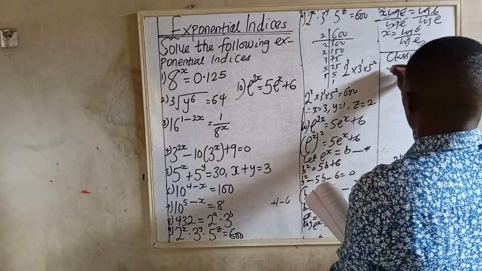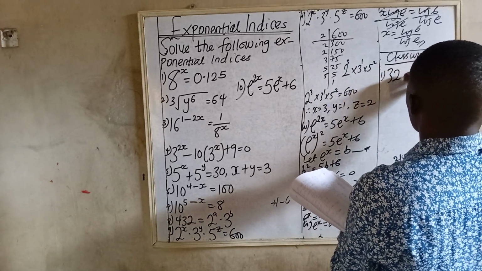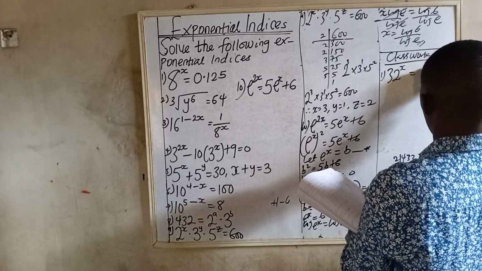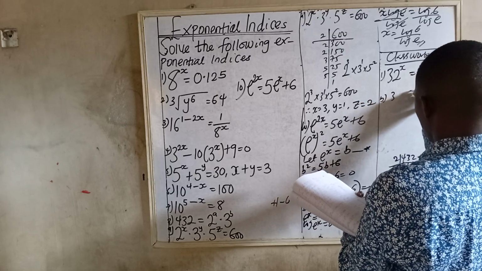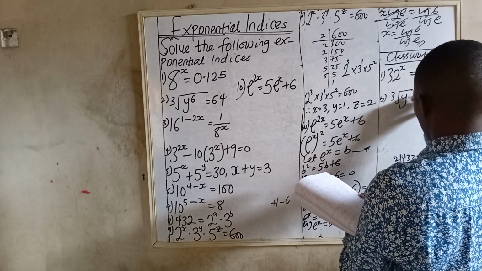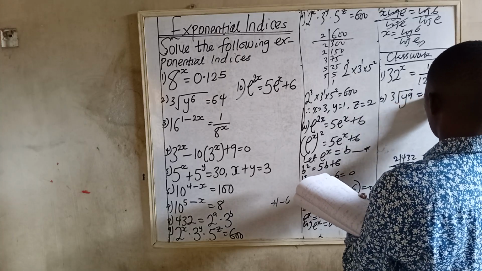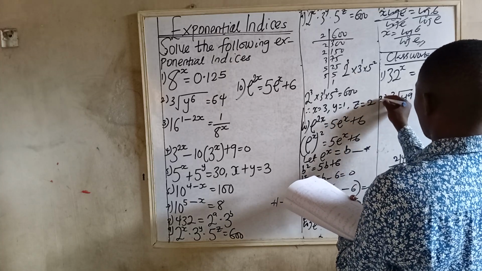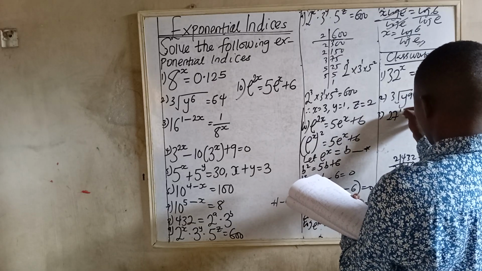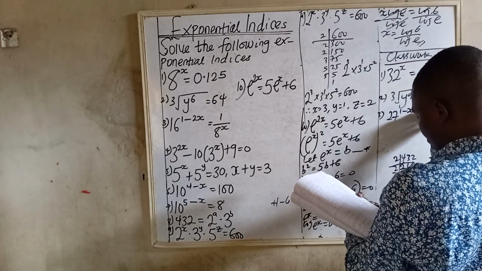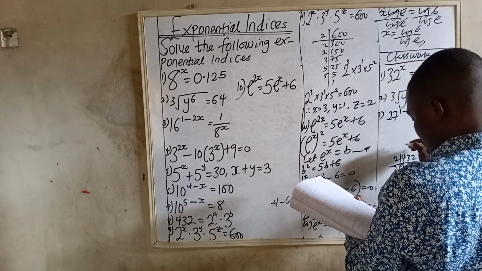So let's see. The number one I'm giving you is 32 to the power x is equal to 1 over 128. Then 3 square root of 9 to the power y is equal to 9. Then 2 over 3, 27, then 1 over 9 to the power x.